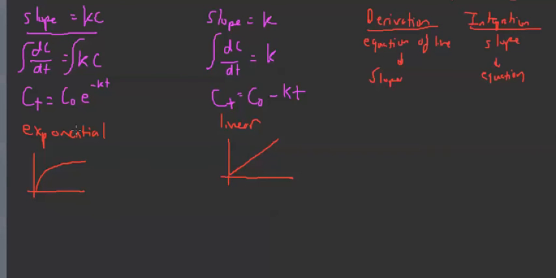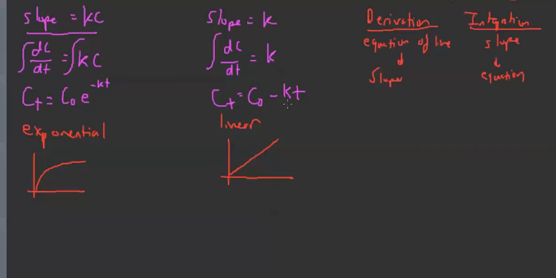What else does this tell us? It tells us that C0, by the way, is your starting amount. It doesn't have to be concentration. It could be amount of drug, whatever. I think Xiao uses concentration, so let's just stick with that. So C0 is the starting amount. Ct is the amount after whatever time has passed.